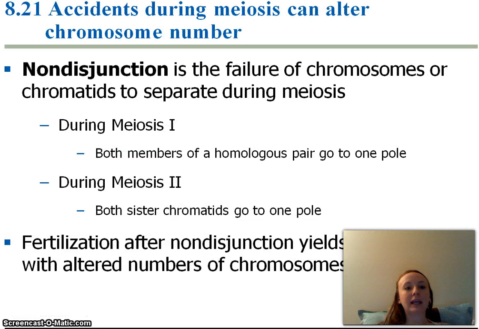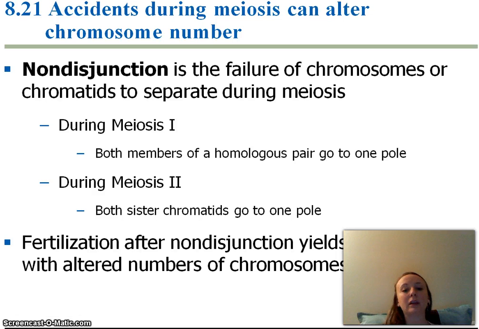Now, accidents that can occur during meiosis. These accidents can change the chromosome number. First we have non-disjunction. It's the failure of these chromosomes or chromatids to separate during meiosis. During meiosis 1, you learned how those homologous pairs line up at the equator.